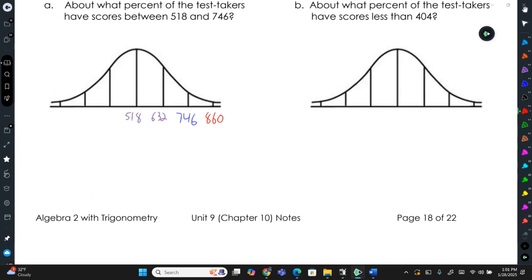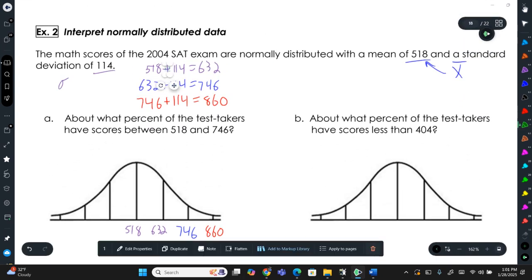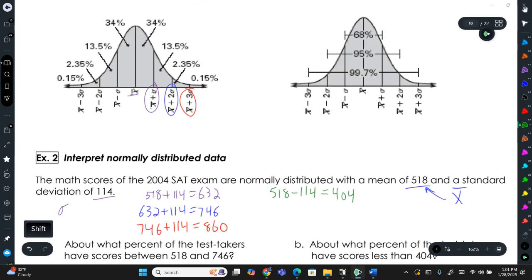Well, what about the stuff that is smaller than the mean? Well, we're going to have to subtract 518 minus a standard deviation. That will give us 404. So again, I took the mean and I subtracted a standard deviation.